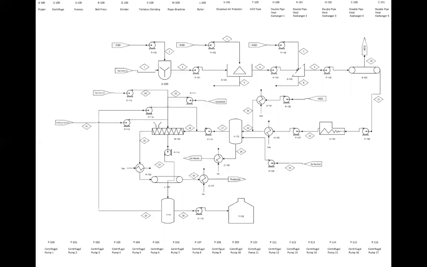Once the materials are combined, they will go into a flotation vessel. Inside the flotation vessel, we add surfactants so that we can remove most, if not all of the ink from the pulp. And then the pulp is pumped into the paper machine.